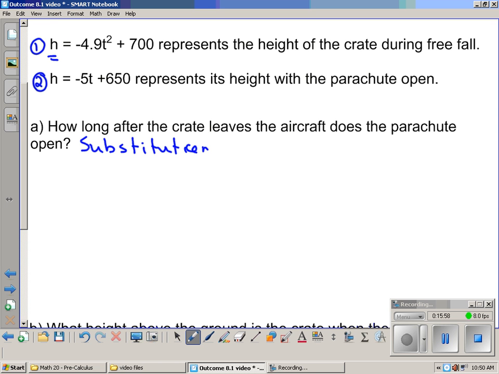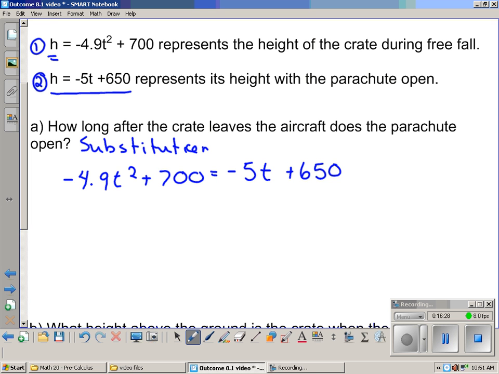And so I'm going to substitute in for h. So I end up with, instead of h in equation number 2, negative 4.9 t squared plus 700 equals, remember I'm substituting into here, negative 5 times t plus 650.